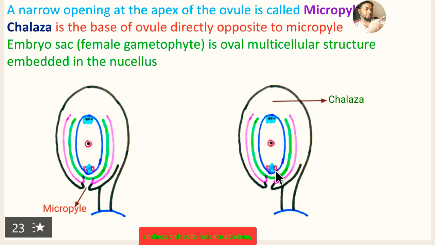Out of those 3, the cell at the center is called the egg cell, and adjacent to it are the synergid cells, and 2 cells are located as the secondary nucleus at the center. So likewise, this is the structure of the anatropous ovule. This is about the anatropous ovule.